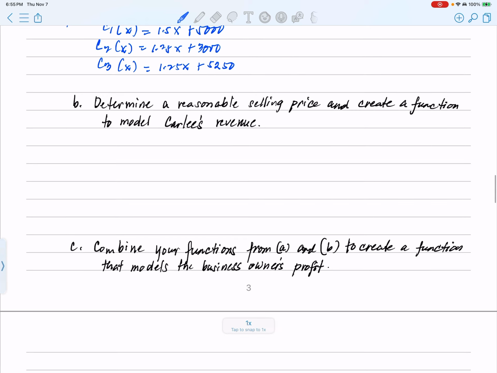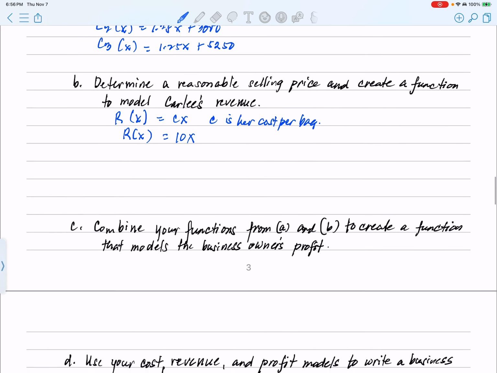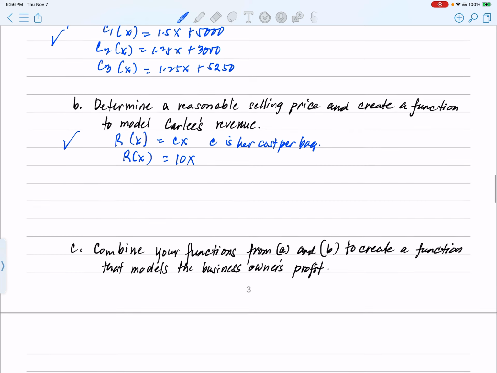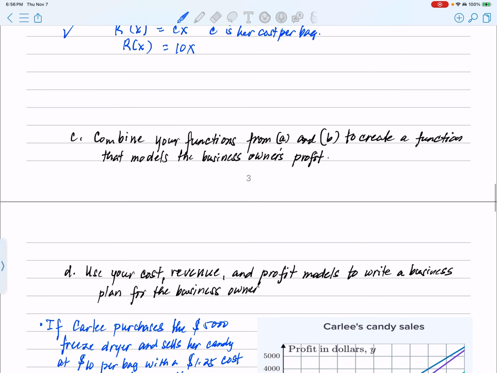So 8, 10, 12. We'll just have the $10, we assume. So that means we can use R equals 10x. Okay, so we'll combine the functions of A and B to create a function that models the business owner's profit.